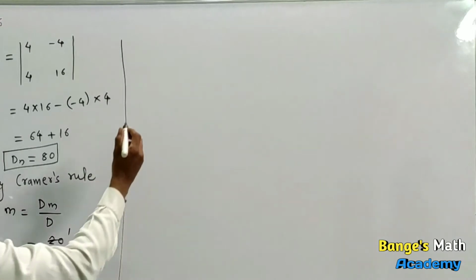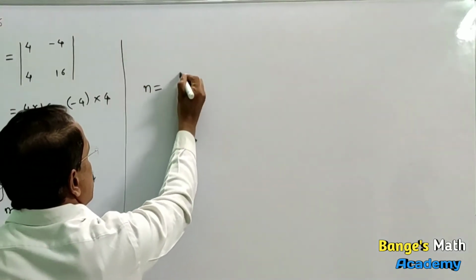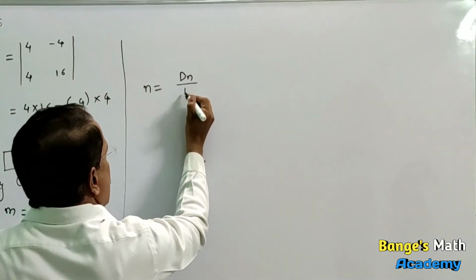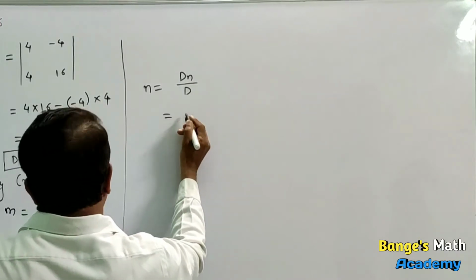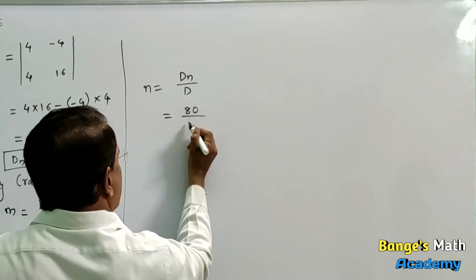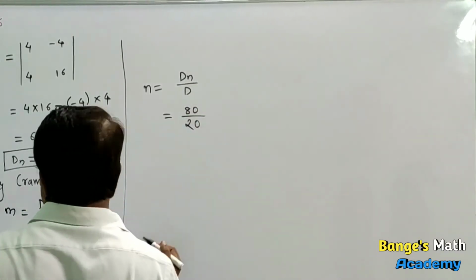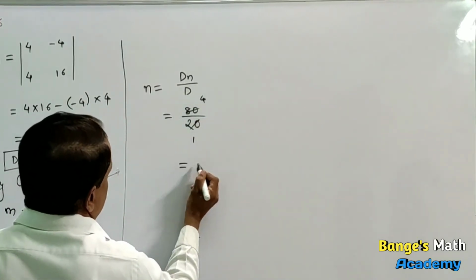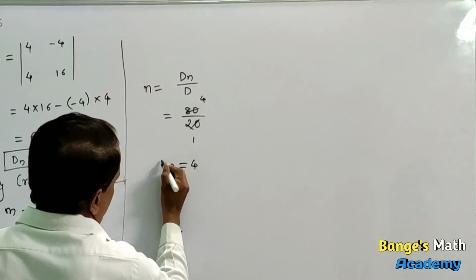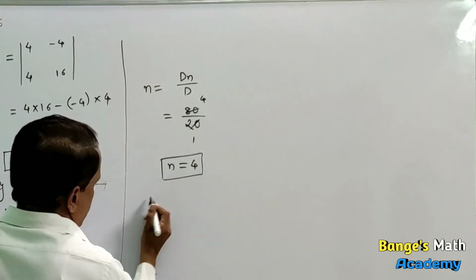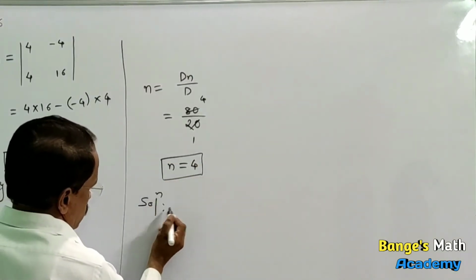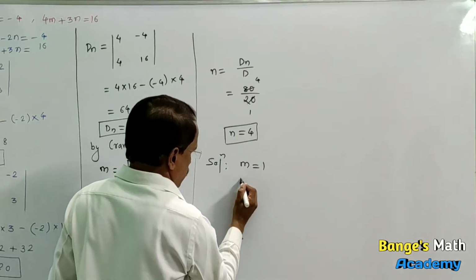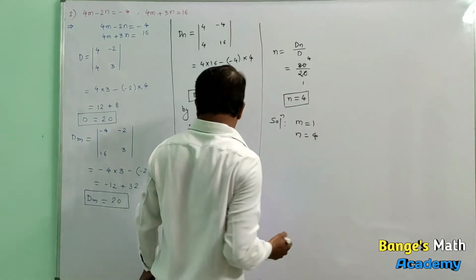Then find n. n is equal to dn upon d. Value of dn is 80 upon value of d is 20. 20 ones are 20, 20 fours are 80. n is equal to 4. Write down solution. m is equal to 1 and n is equal to 4.